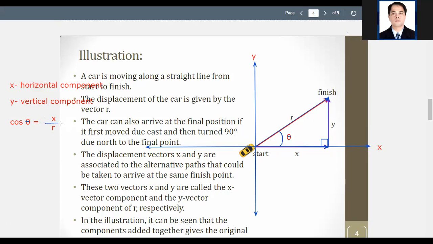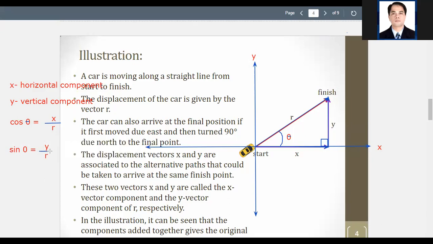If you divide x by r, you have the relationship of the cosine of theta. And your sine of theta can be related as opposite over hypotenuse, which gives you y over r.